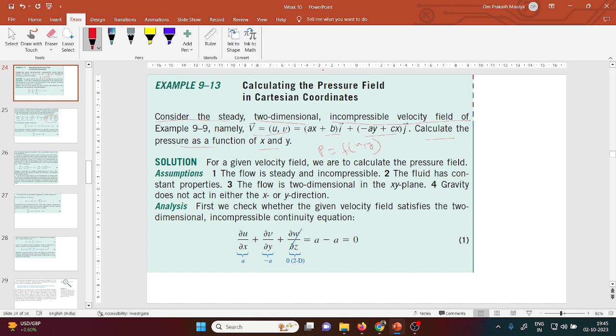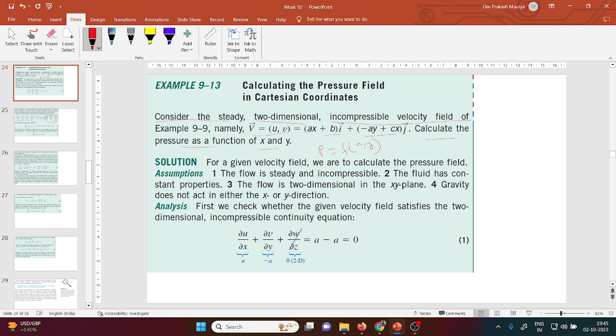The flow is two-dimensional, x and y only, and two-dimensional means del w by del z is equal to 0, because there is no velocity in the z direction given in the question. The gravity does not act in the x or y direction, only in the vertical direction. First we check whether the given velocity field satisfies the two-dimensional incompressible continuity equation.